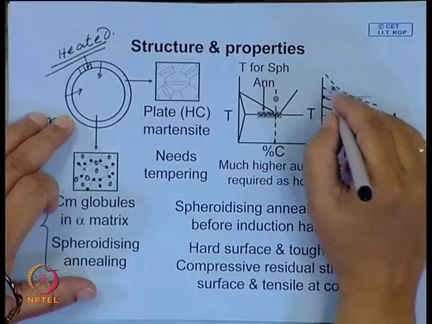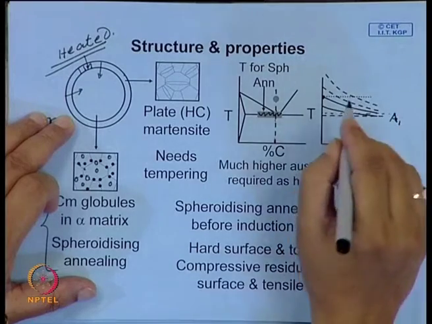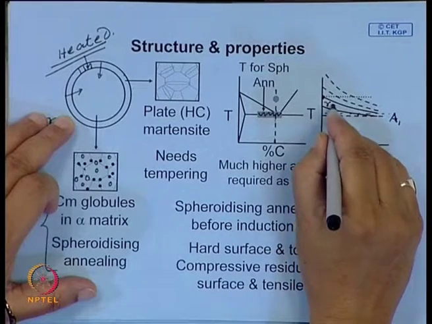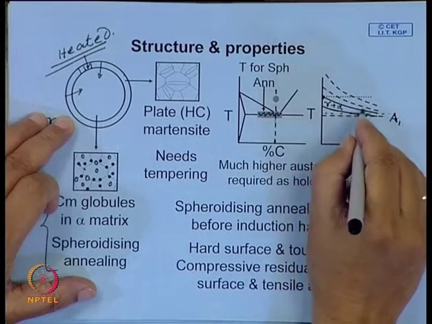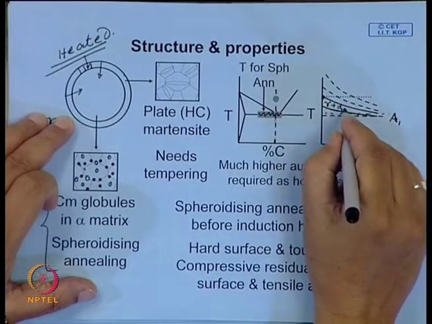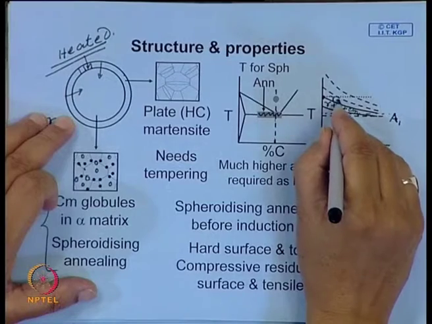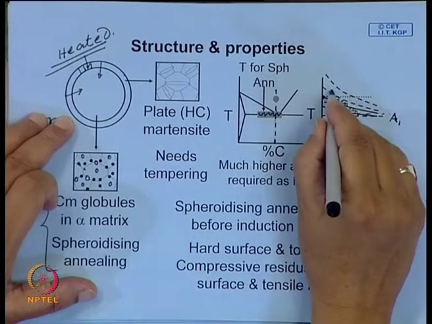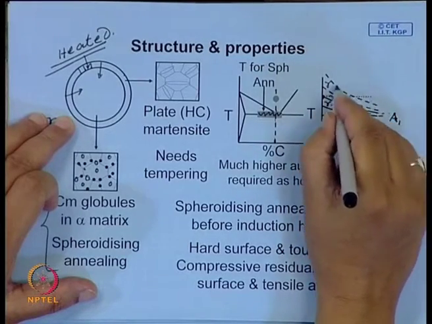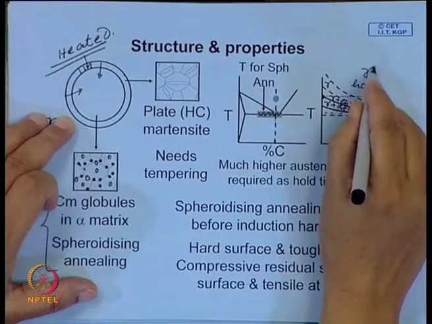So, you have to heat it to a little higher temperature, and then adjust your time. Here maybe the austenite first appears, here you have austenite plus ferrite type of structure, and you may also have some amount of cementite present. Here you may have some austenite plus some carbide, cementite, and here possibly you have inhomogeneous austenite, and beyond this line you will get homogeneous austenite.